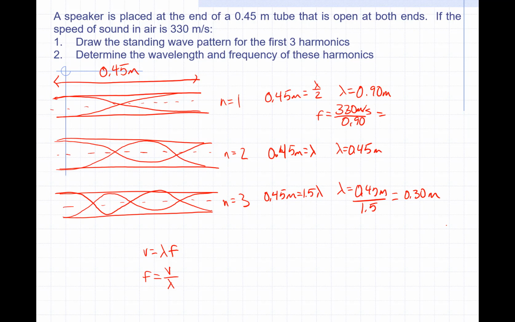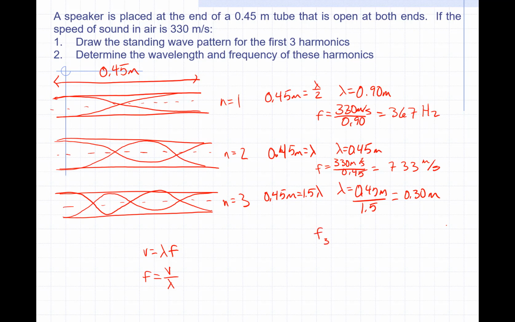Which is 367 hertz to 3 sig figs. Right here we get 330 meters per second over 0.45, which is 733 hertz, twice the frequency for the second harmonic.